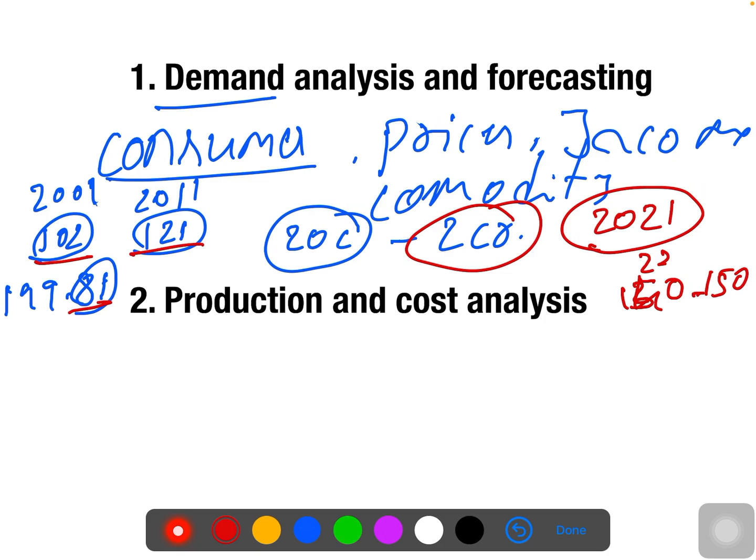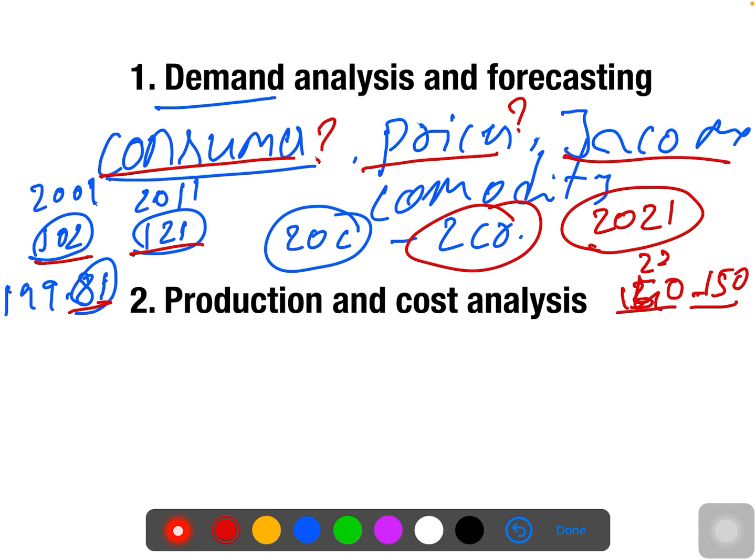This is what forecasting does. Forecasting means predicting the future. What are you going to predict? How the consumer is going to behave, how prices are going to change, whether the income of the consumer is going to change. We predict all these things so we can be prepared for the future.